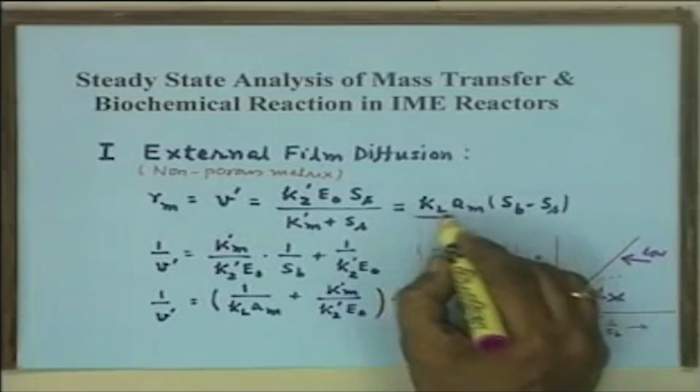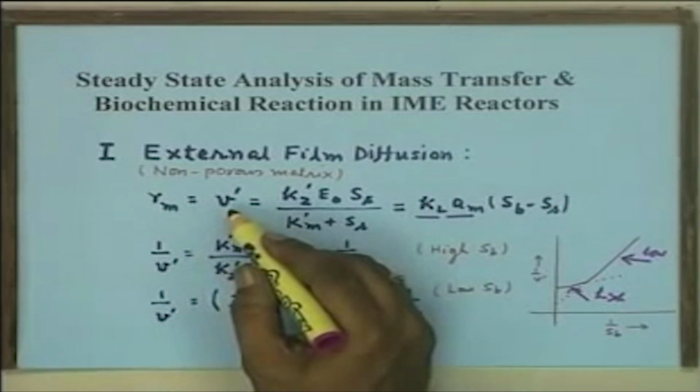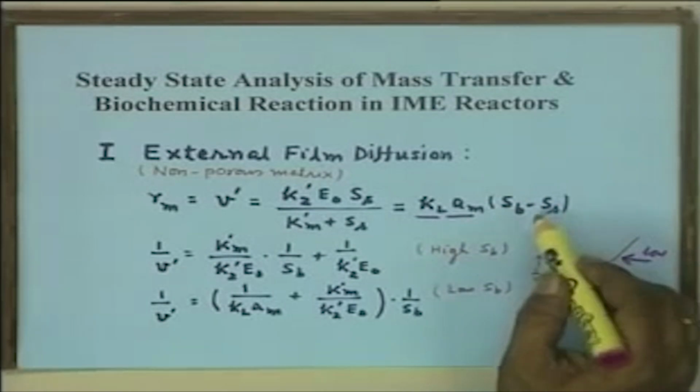KL Am can be computed, and therefore, based on the observed reaction velocity in the case of an immobilized enzyme reactor, one can determine the value of SB minus SS, that is the substrate concentration gradient, and the magnitude of this determines whether the reaction is diffusion limited or otherwise.